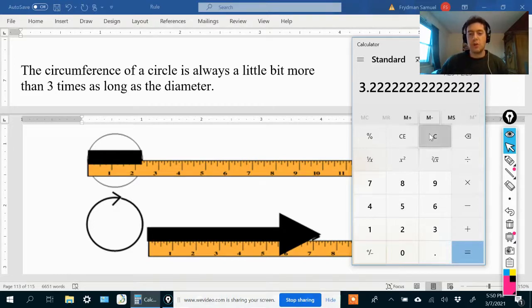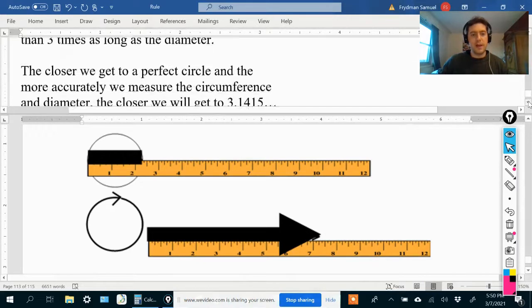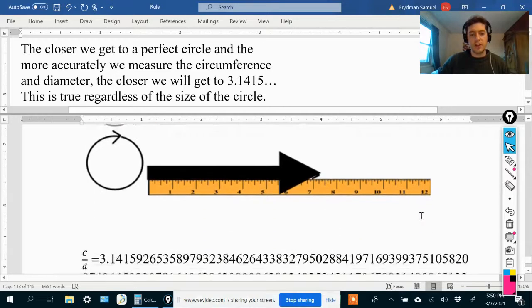Okay, so with that in mind, I want to tell you that the closer we do get to a perfect circle, and the more accurately we measure the circumference and diameter, the closer we will get to a number 3.1415, and it keeps going actually.